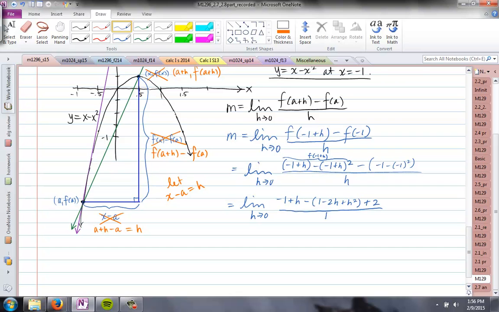This is all over h. So keep on simplifying a little bit here and distribute that minus, for example. Also, you can start combining some like terms if you wanted to. Keep this limit notation throughout because we haven't attempted to take the limit yet.